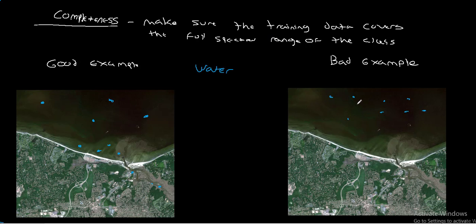And as you remember with the spectral profiles, this deep water might look slightly different than the shallow water, and it might look slightly different than the river water. So we're making the algorithm work a lot harder, which will probably lead to mistakes. If all we give it is this water out here, and then we expect it to predict this water and this water, even though we haven't given it complete information. That's why this is called completeness.